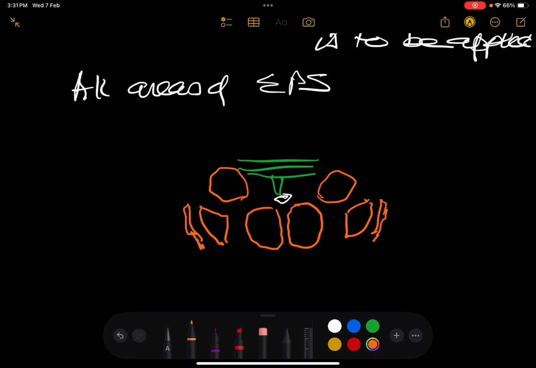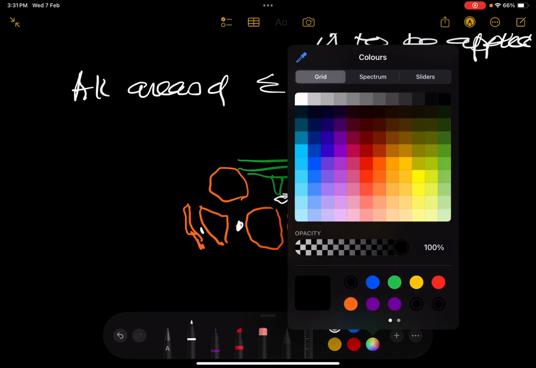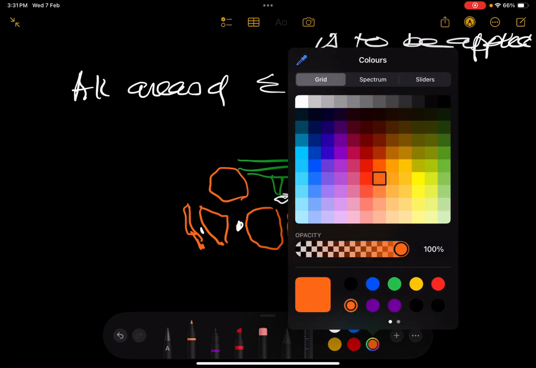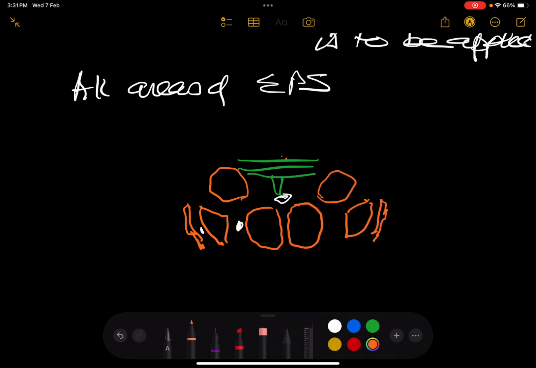So this component is the internal capsule and this is the external capsule. And then we'll make quickly the cortex, the lateral fissure and insula here, the temporal lobe going to the midbrain.